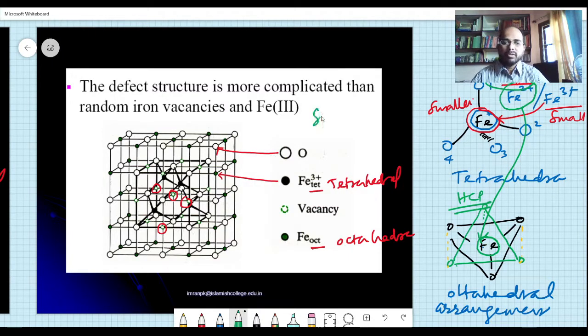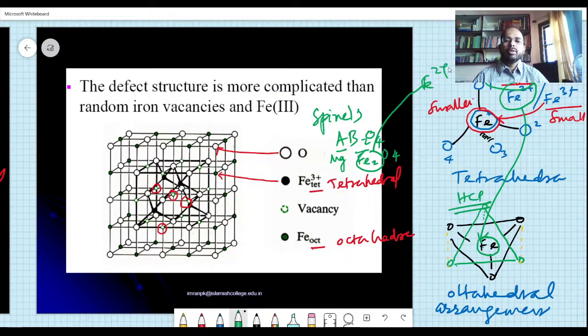Spinels are a class of compounds with AB2O4 type of formula. Here A is some other metal, for example Mg, B2 will be something like Fe2, and O4. This Fe2 can split into Fe2+ as well as Fe3+, depending on how it is grown. When it is larger in size, it will occupy the octahedral sites.